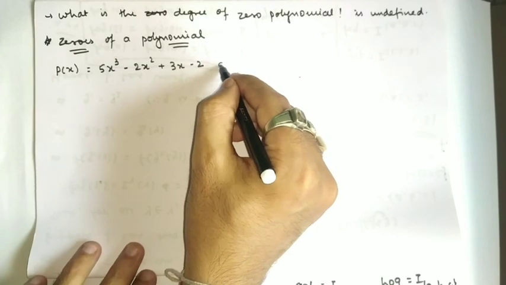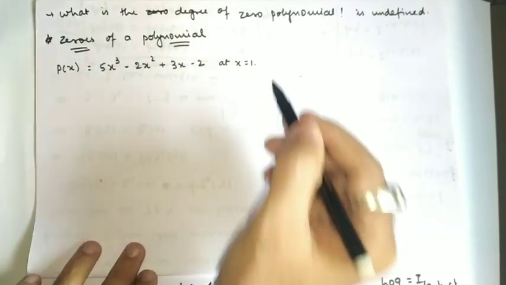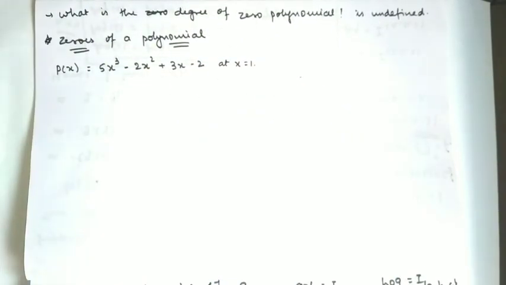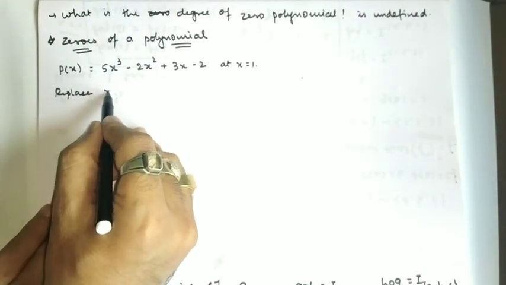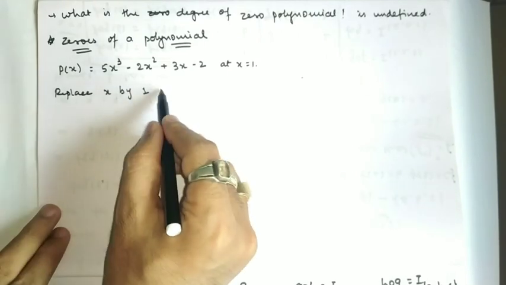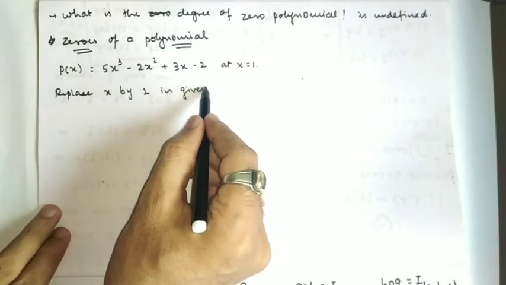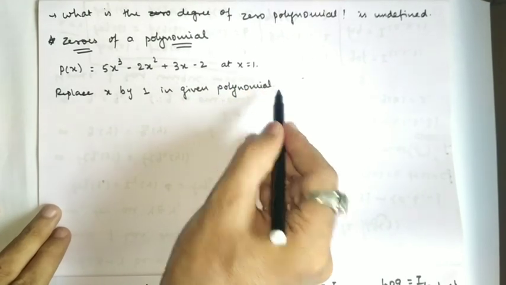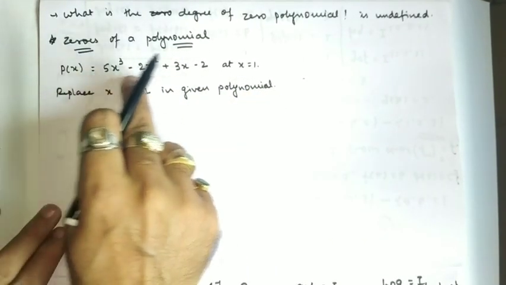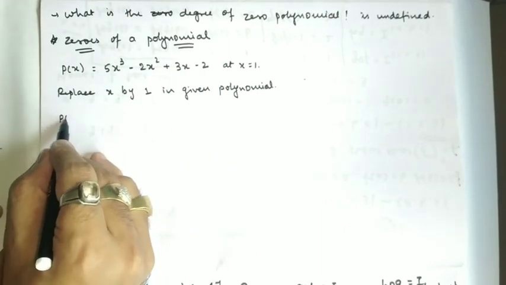Now if I want to find the value of this polynomial at x equals to 1, what I can do is replace x by 1 in the given polynomial. Everywhere I will replace x by 1, so it becomes p of 1.